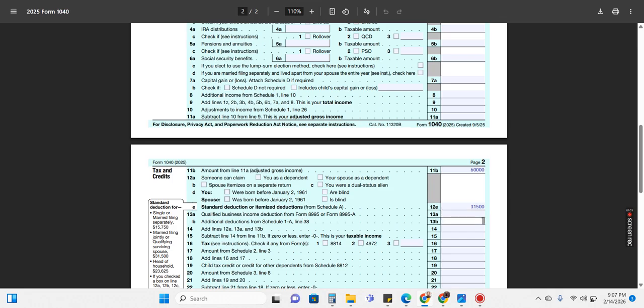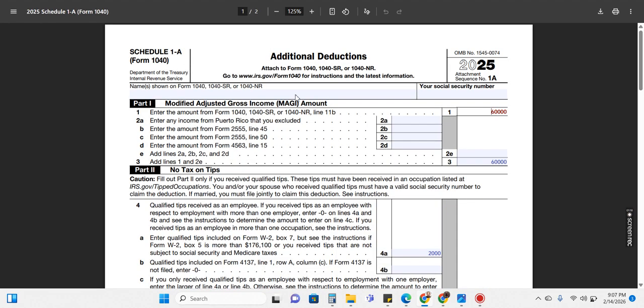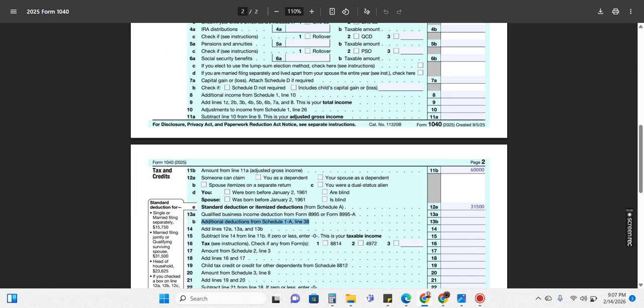So for 13B, this is for this tax year. From this tax year, Schedule 1A starts. We have to fill in Schedule 1A, which is additional deductions. As you can see, on Form 1040 line 11B we have 60,000.